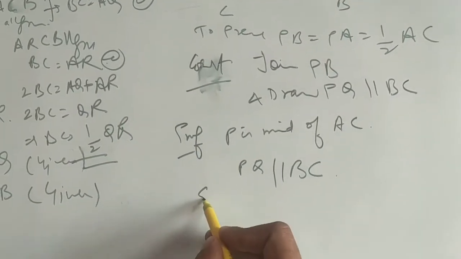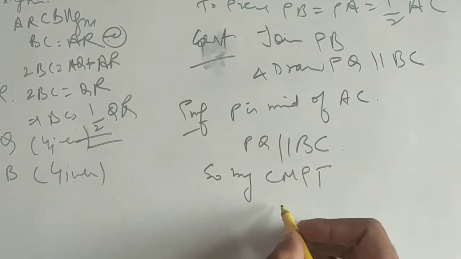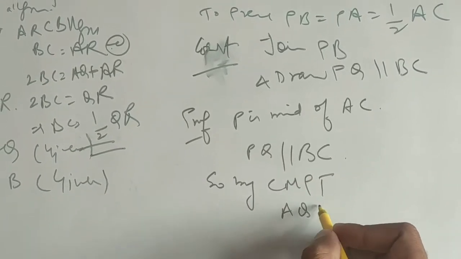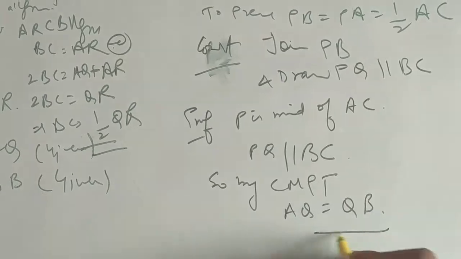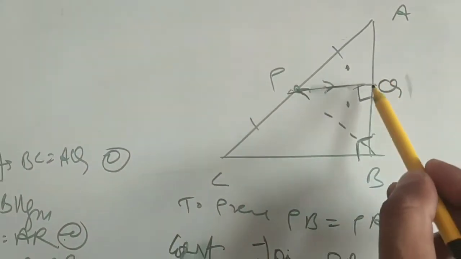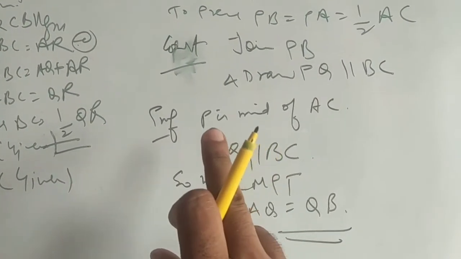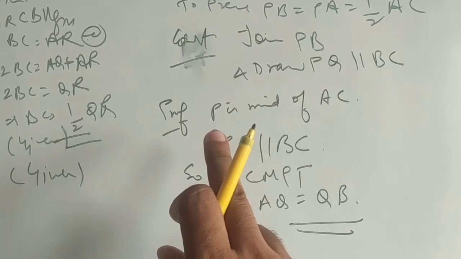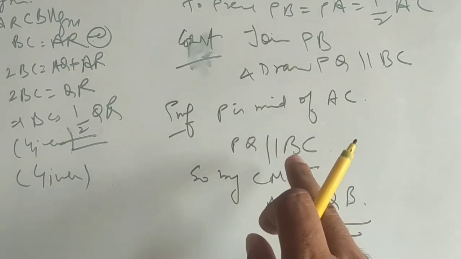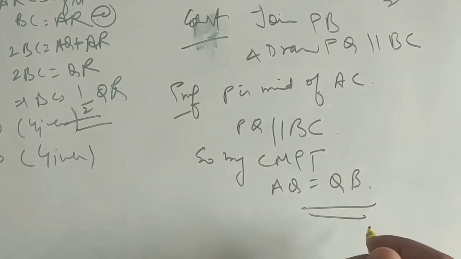So by converse of midpoint theorem we can say that AQ will be equal to QB. The converse of midpoint theorem states that if through the midpoint of one side of a triangle a line parallel to the other side is constructed, then it will bisect the other side also.